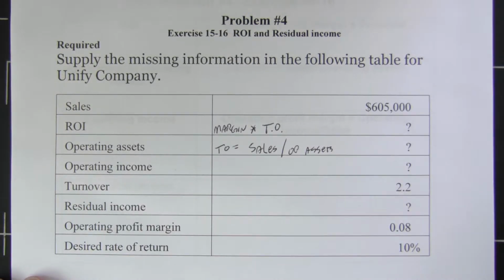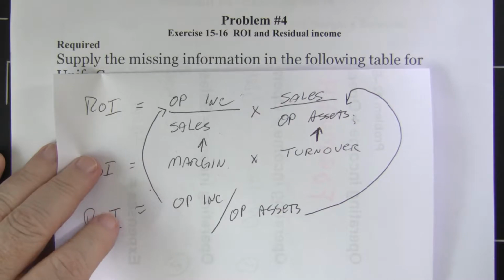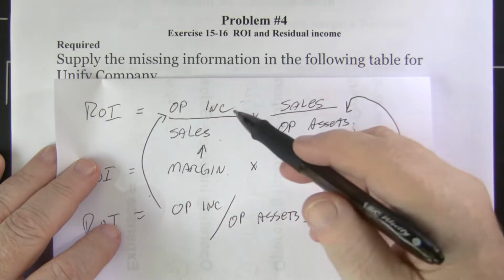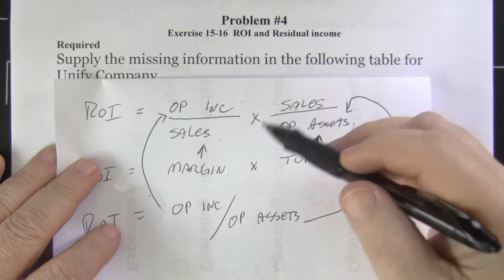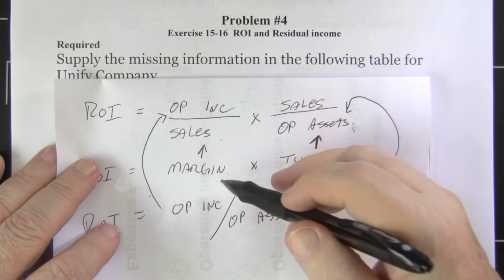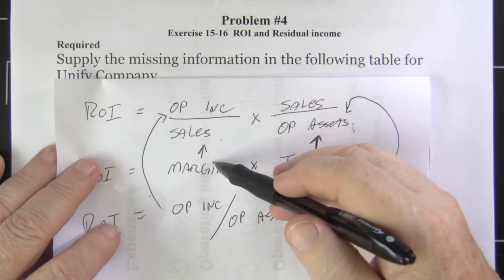Then what do they ask us? Operating income. Operating income, again, is another word for profit margin. Operating income we got right up here, okay? And operating income divided by sales is margin.